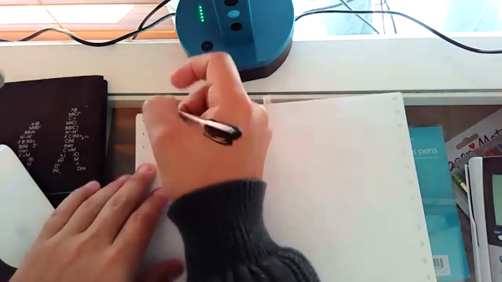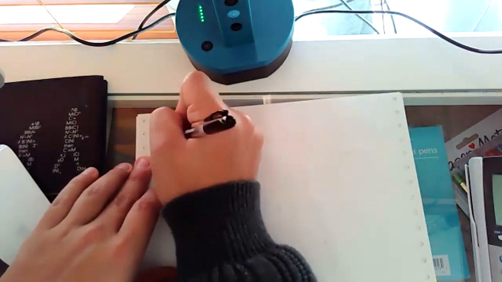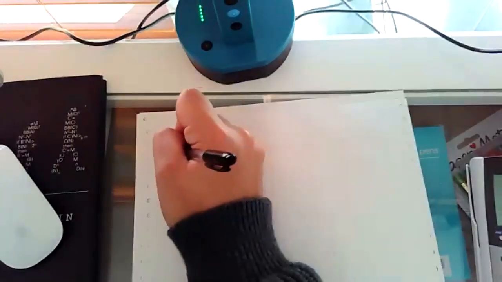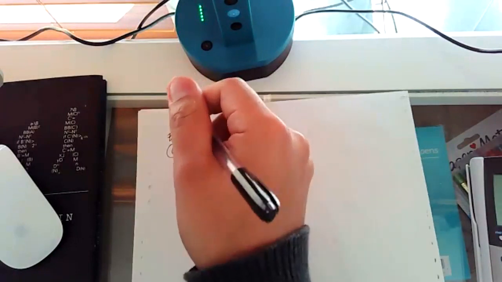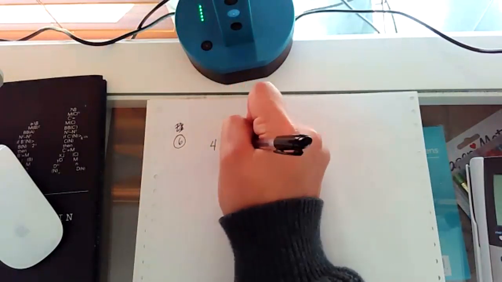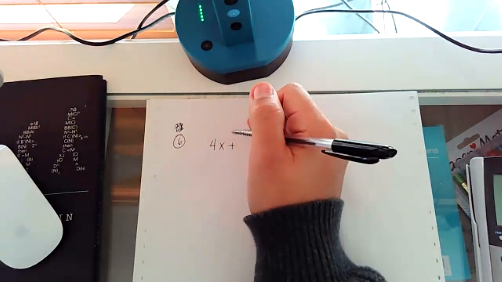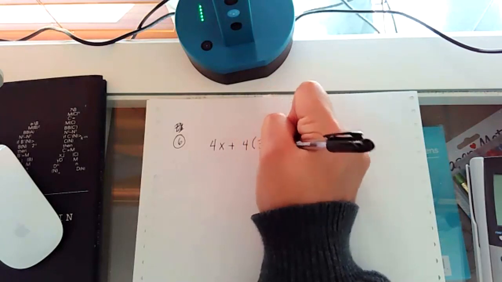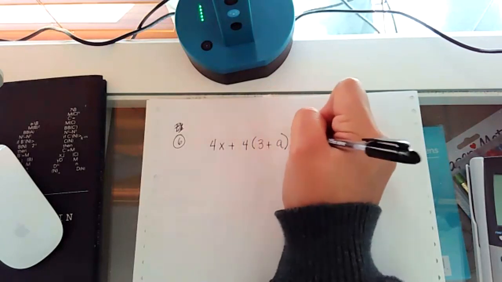Let's look at 18, which is in the workbook. But for our purposes, that was really number 6. And this one says we have this expression 4x plus 4 times 3 plus a, and that is squared.